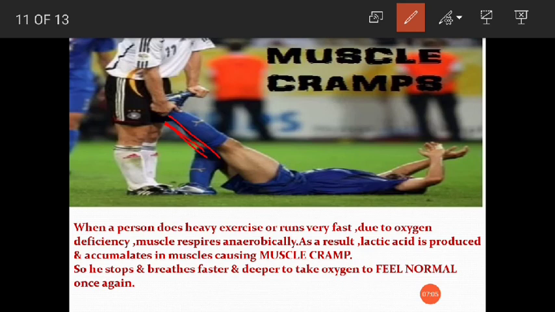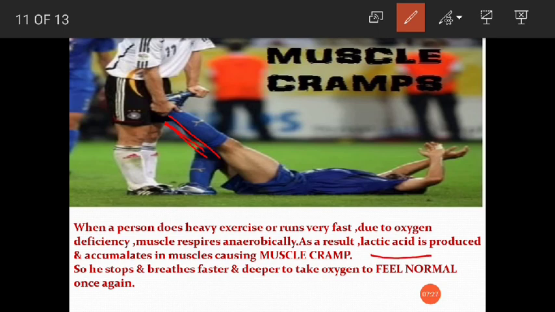And why does it occur? Actually, when a person does heavy exercise or runs very fast, oxygen deficiency is created in the body. Then what happens? Our muscles start to respire anaerobically, and due to this anaerobic respiration, what is produced?